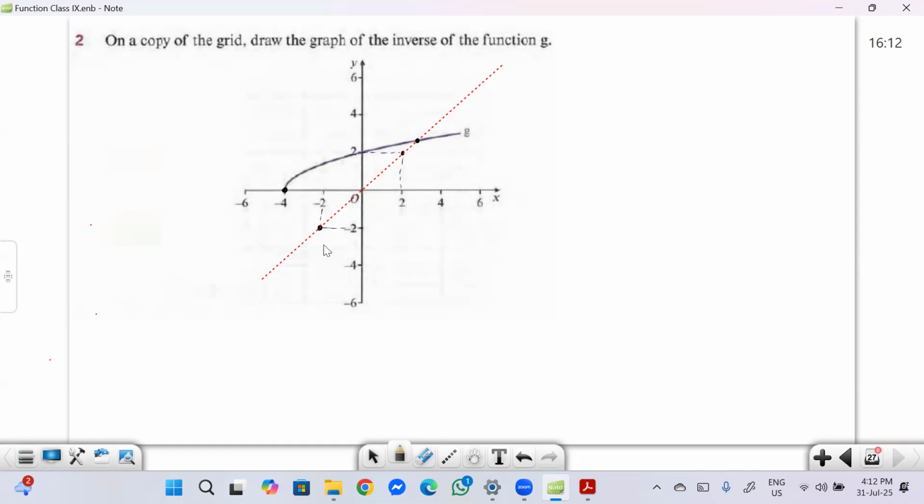So that means it will be reflected to 0, -4. Okay, -4, 0 ছিল, 0, -4 হয়ে গেছে. Then here you can see that one point is 0, 2. Then it will become 2, 0. Okay, and also it will go through the point that intersects y equal to x.